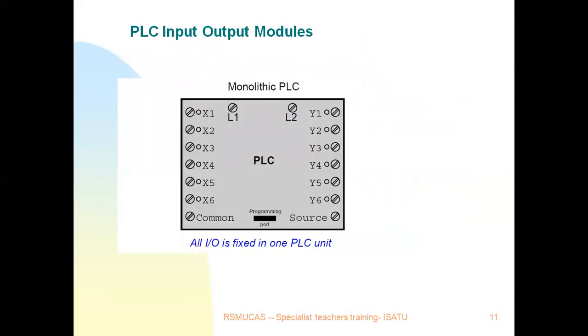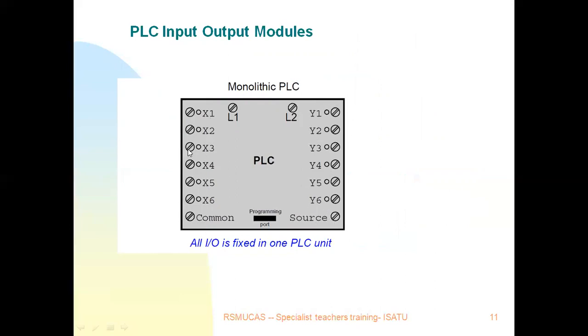A PLC actually looks like this. It has inputs and it has outputs. This is labeled; this is what we call the address. We need to address x1, that is input 1, and output 1, that is y1. There are several methods of labeling, depending on the type of manufacturer.